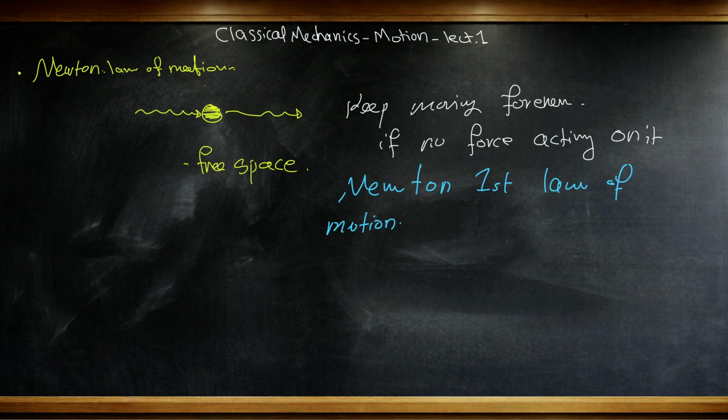This is how rockets and spaceships do not really require continuous fuel, because you just need fuel at launch. You just need fuel to change direction, or when you want to accelerate or decelerate these objects. This is Newton's first law of motion.